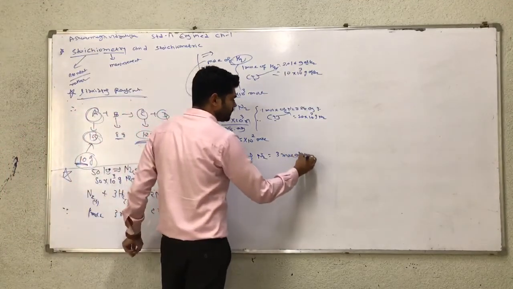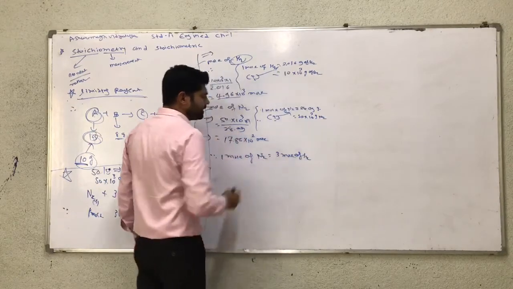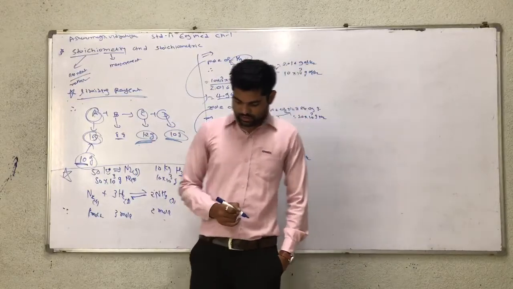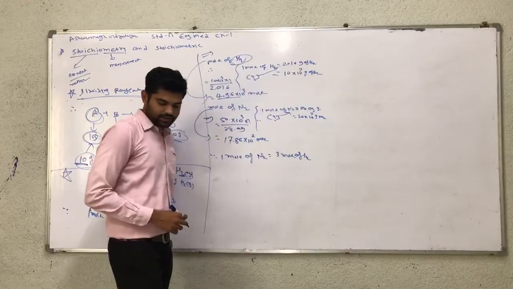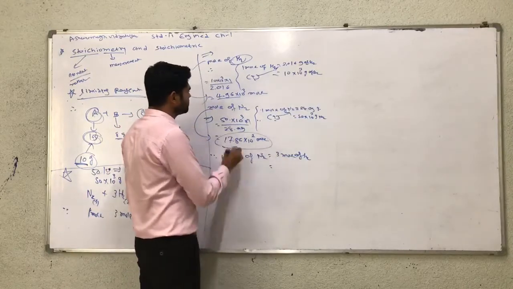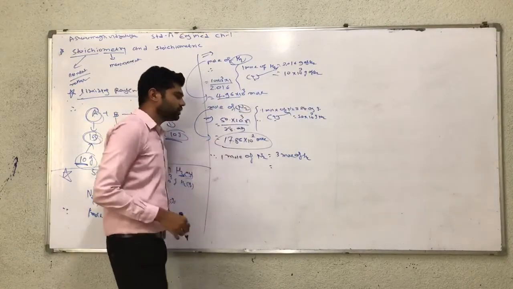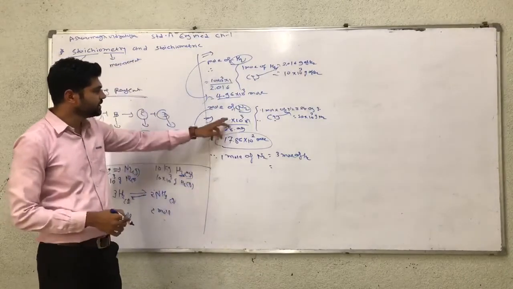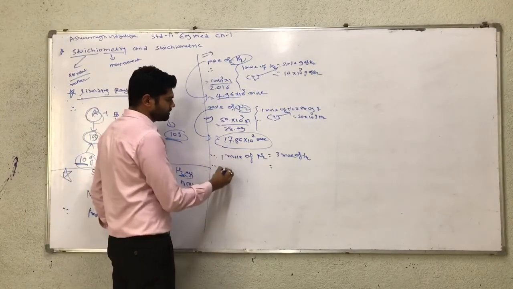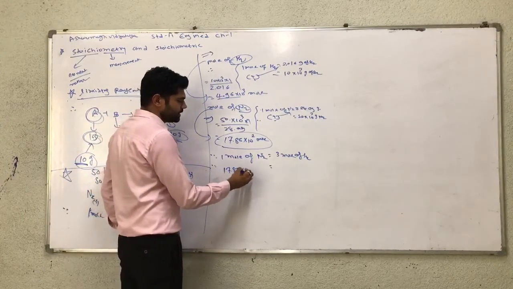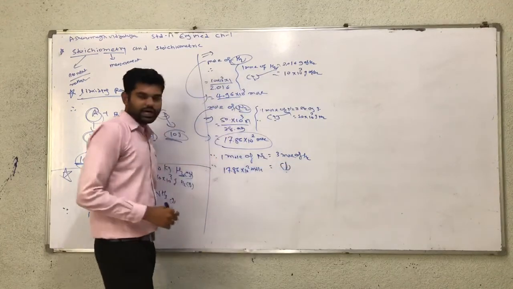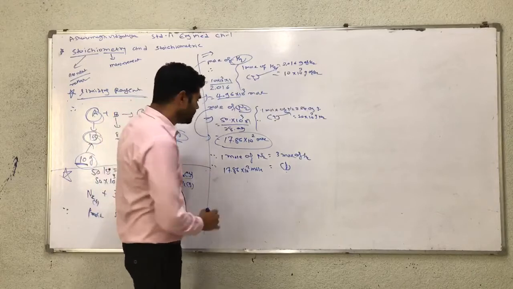N2 and H2 combine with each other and produce NH3. So how many moles here? The number of N2 moles is 17.86 into 10 raised to 2 moles, and H2 required is how many moles?